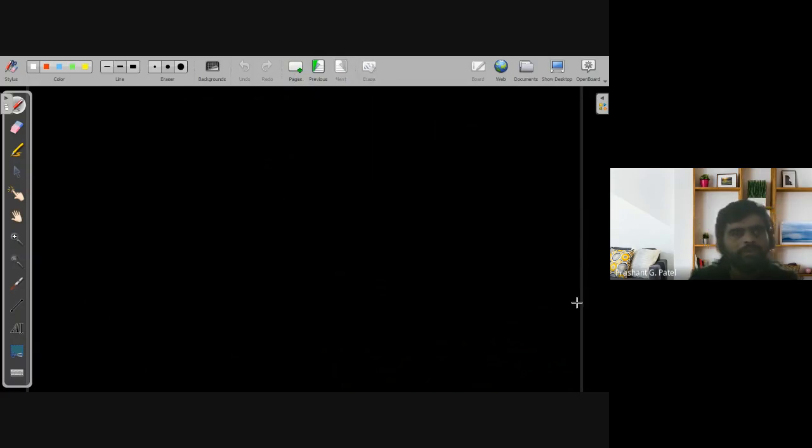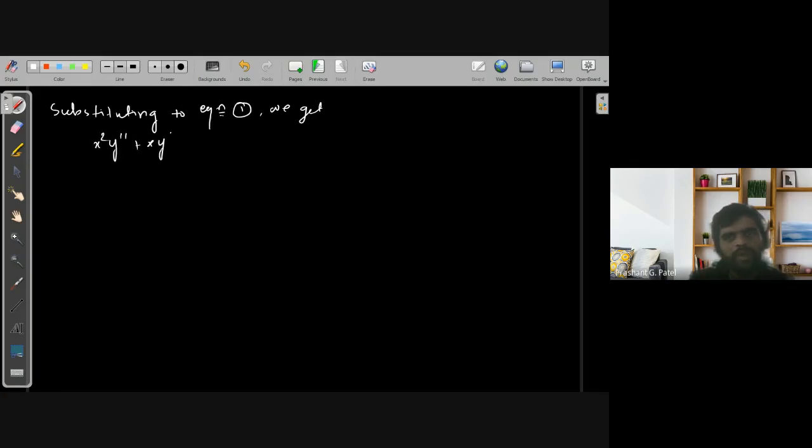So substituting all these values in equation 1, we will have x square y double dash plus x y dash plus x square y minus p square y equal to 0.